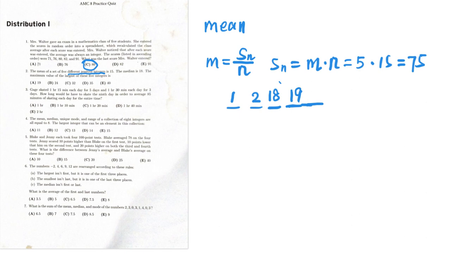Now we have 19 plus 1, that's 20. 18 plus 2, that's 20. 20 plus 20, that's 40. So the last number is 75 minus 40. That's 35. So the answer is D.